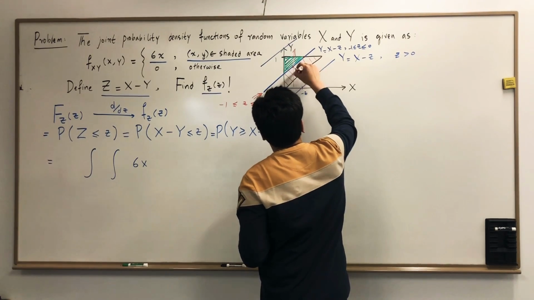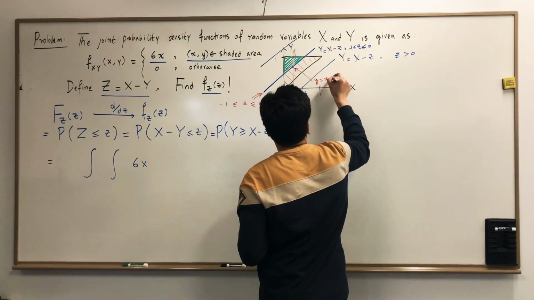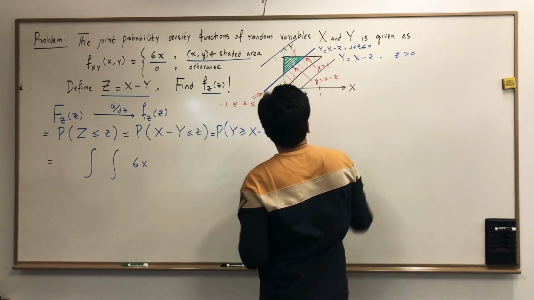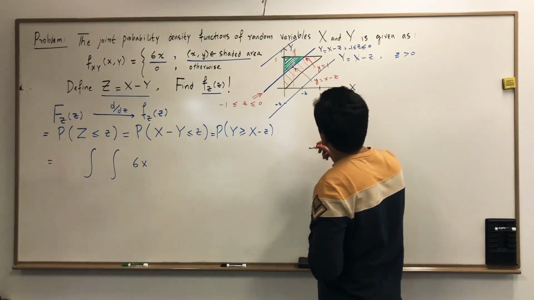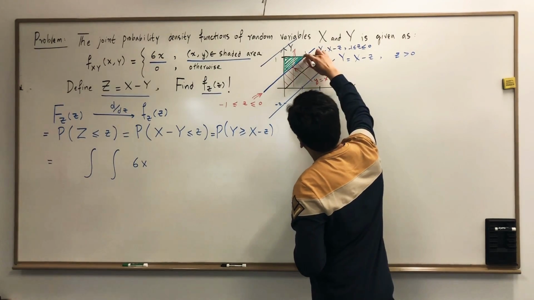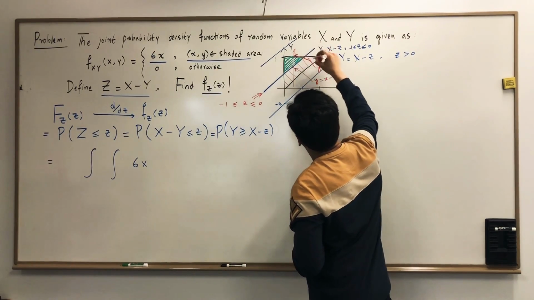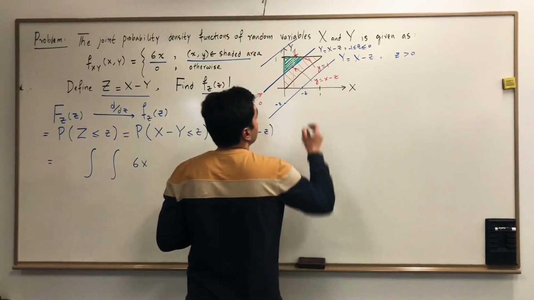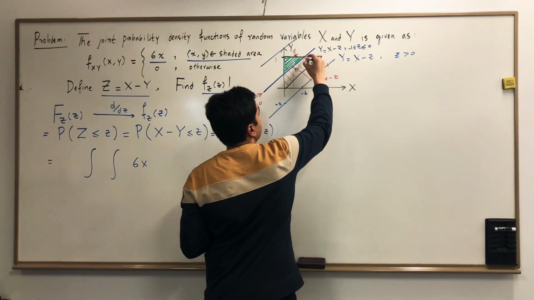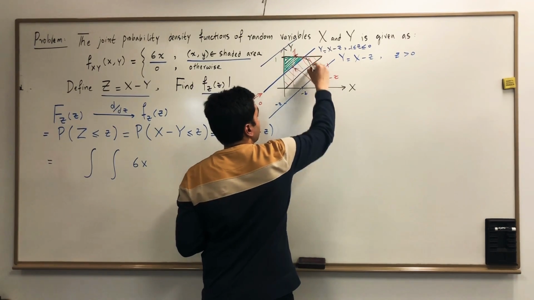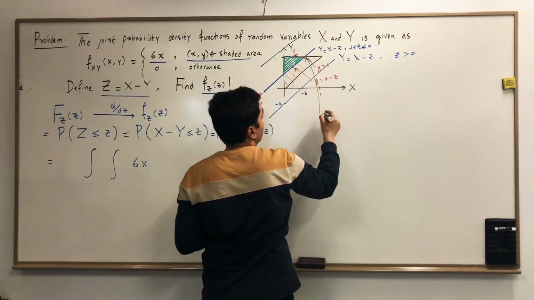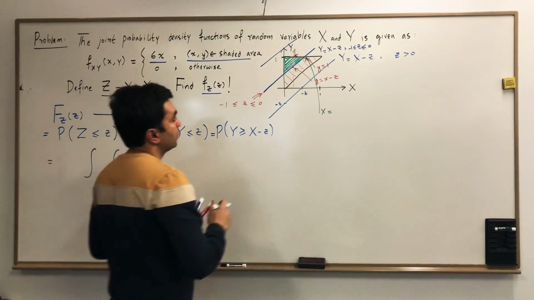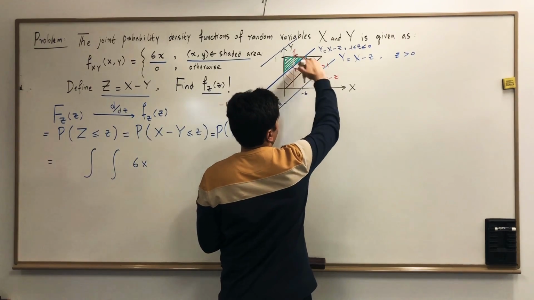So let me just write this here. Y is x minus z here, and y is 1 here. And this point here corresponds to x being equal to, so that the line is y equals x minus z.